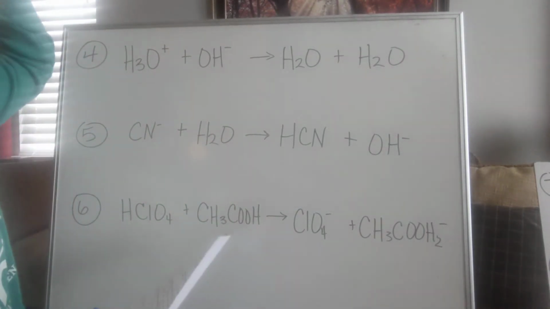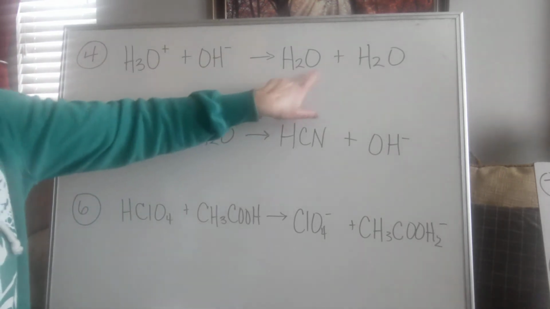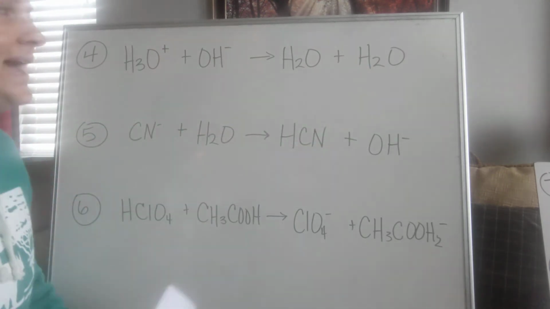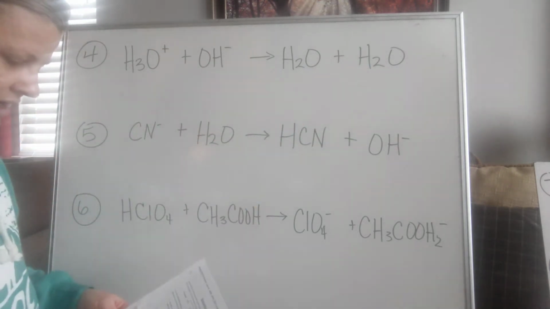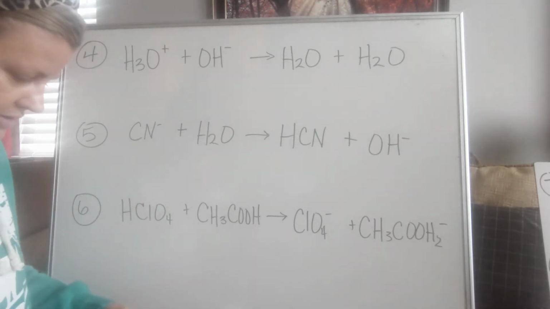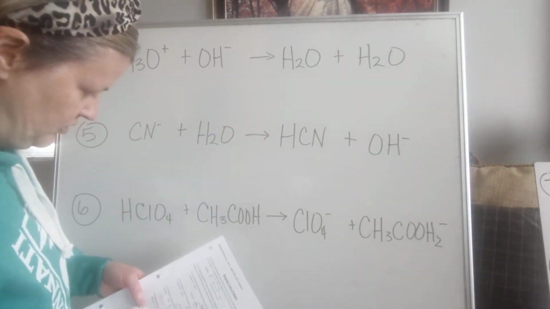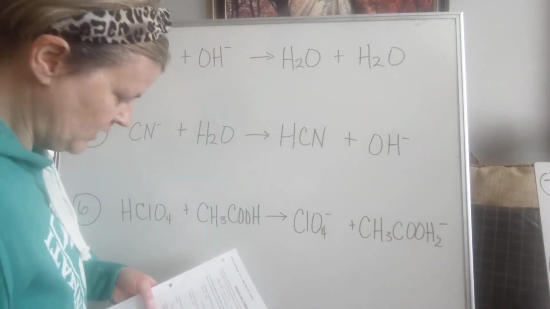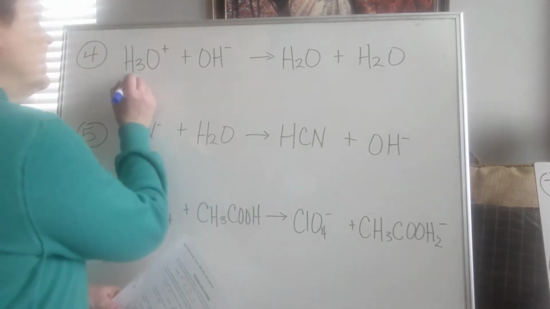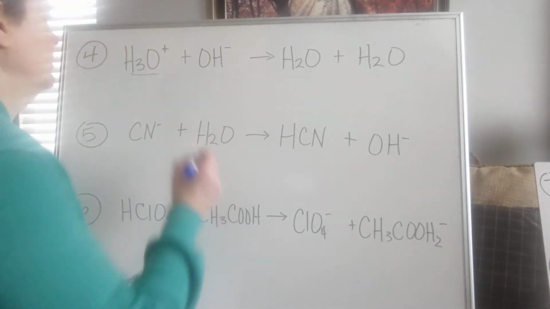Okay, number 4, H3O plus and OH negative, H2O and H2O. We have the same products over here, so it does not matter how you link these two. They're going to get linked to a water, so whatevs. According to the alternate acid-base theory, what does H3O act as in the following reaction?